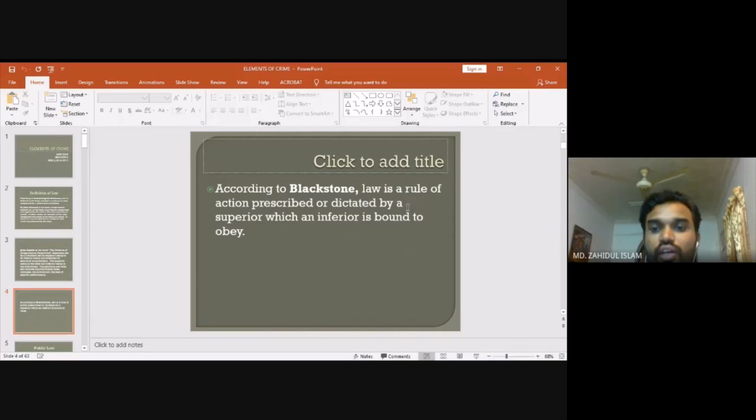This is also a good definition of law. So the conclusion is, law is rules recognized by the community, by the parliament, and which is binding for us.